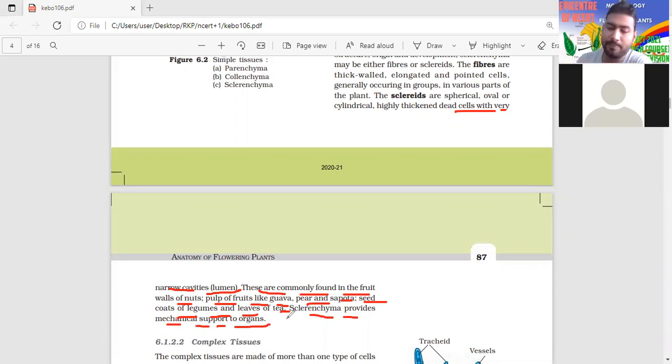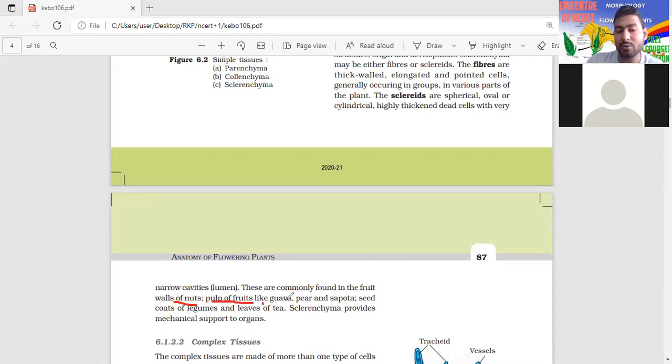So you have to learn the location of this sclerenchyma. These are commonly found in the fruit wall of nuts and pulp of fruits like guava.